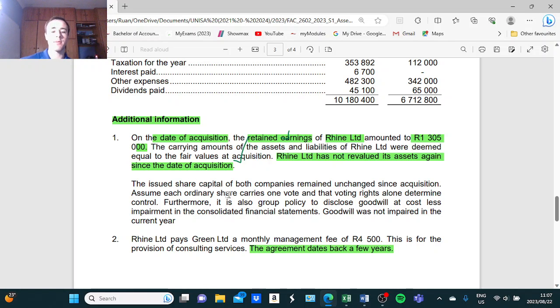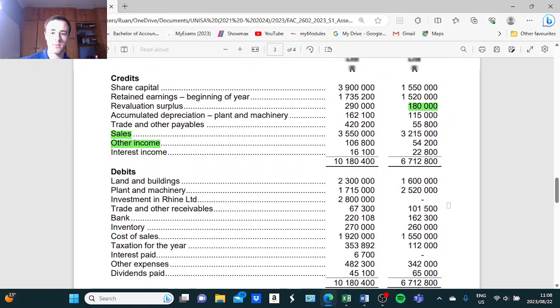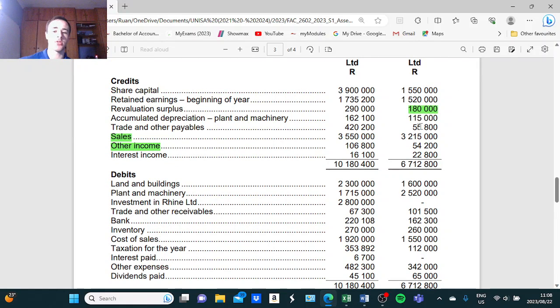Now the issued share capital of both companies remained unchanged since acquisition. Again, this is the same as with the revaluation surplus balance. The balance at year end for share capital, which is 1,550,000, was also the balance at acquisition.